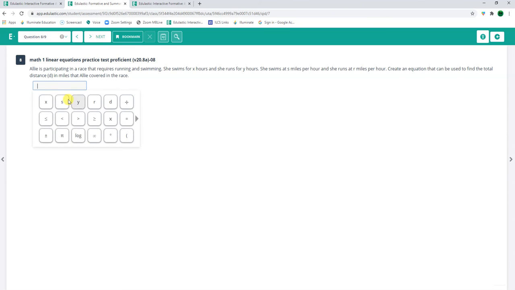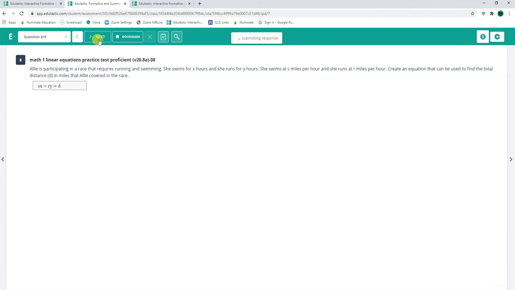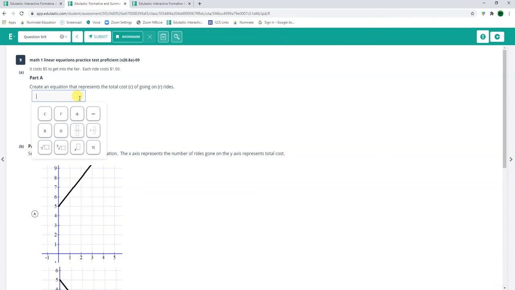This one was Sx plus Ry equals D. Create the equation: cost equals 1.5R plus 5. And the correct graph was A.